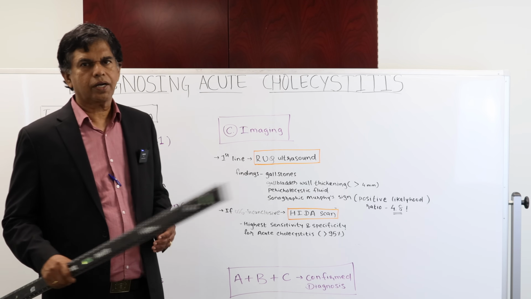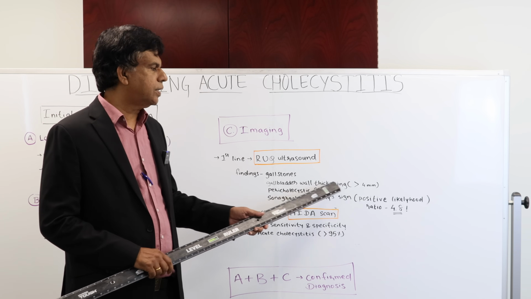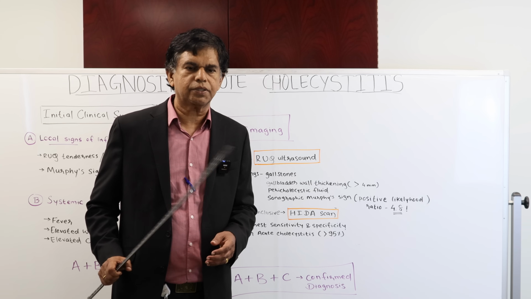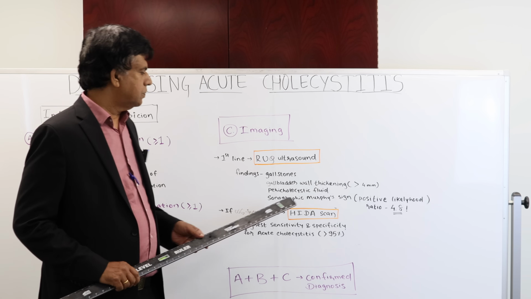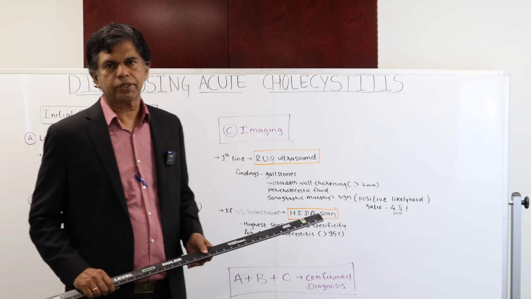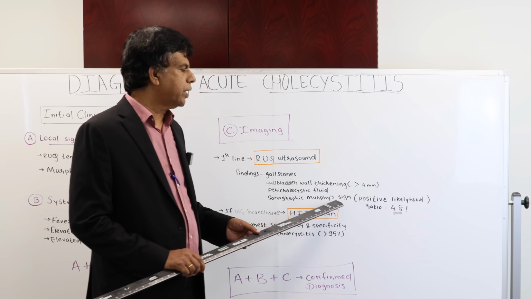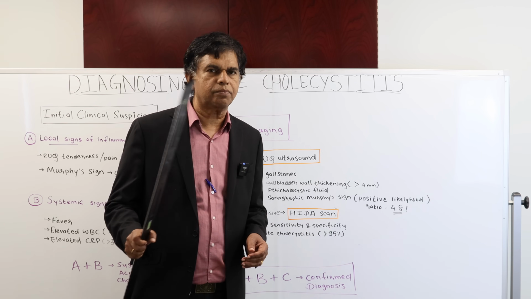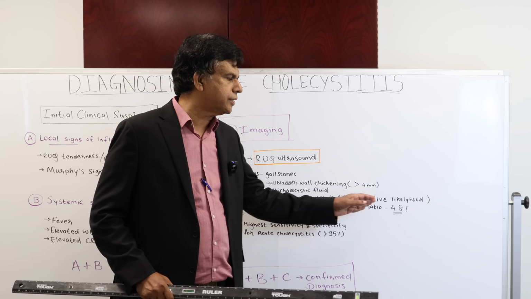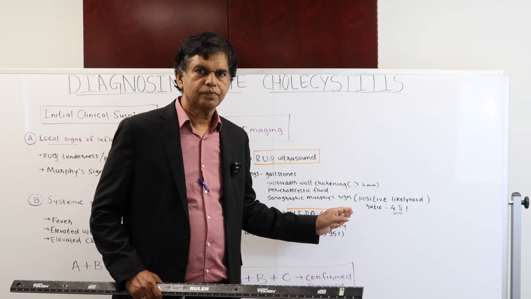And then again, we talk about the numbers. Gallbladder wall thickening greater than 4 millimeter, okay? Now, pericholecystic fluid. Those are the two classic findings you will see. And then sonographic Murphy sign, not the regular Murphy sign. This one has the highest likelihood ratio, okay?